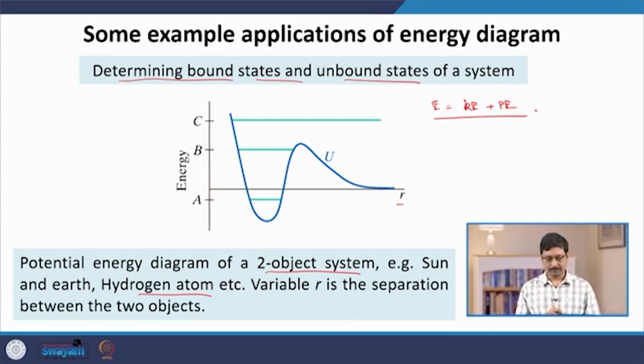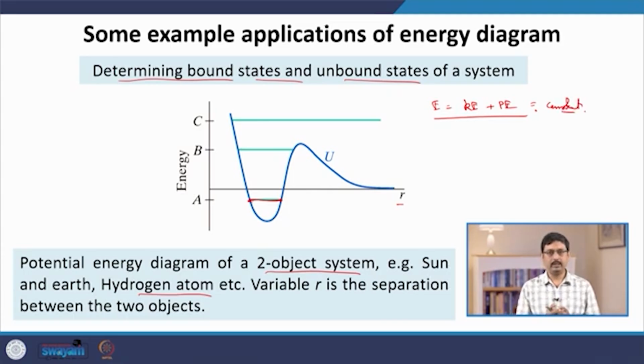If you look at this total energy, you see that it cuts the potential energy profile at 2 points, and this is a system where there is no friction, so the total energy is constant.